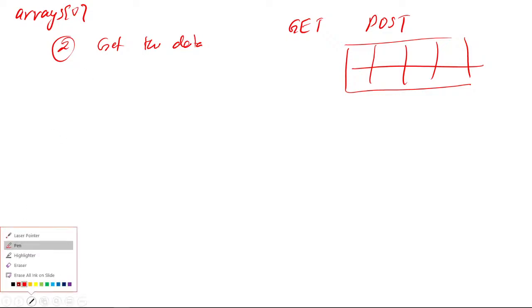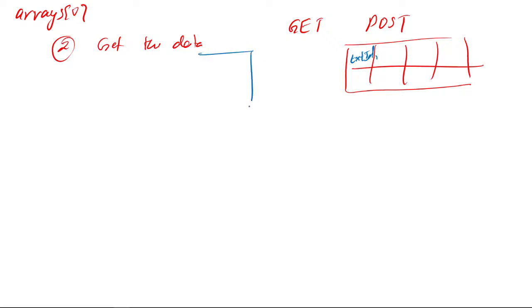Get and post also feel like an array, but the index is not predefined. It's the name that we have given to the text boxes, radio buttons, or anything else, whatever output we are taking with that form.